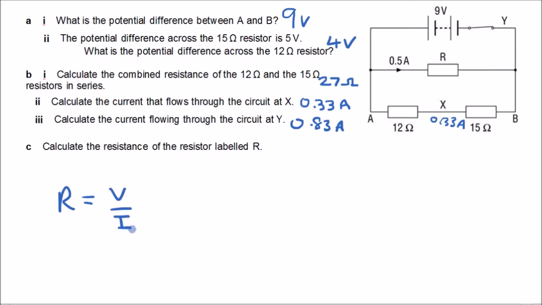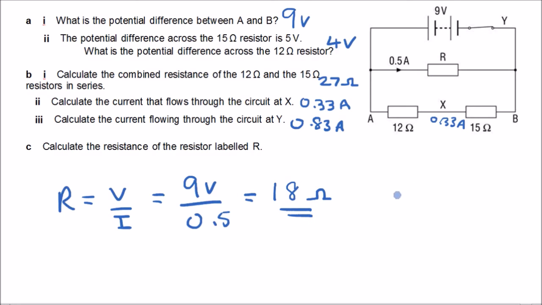If we rearrange it for resistance, we get V divided by I. We know that V is going to be 9 volts because it's in parallel with the battery, and we know that I is 0.5 amps. So that gives us 18 ohms of resistance for resistor R.